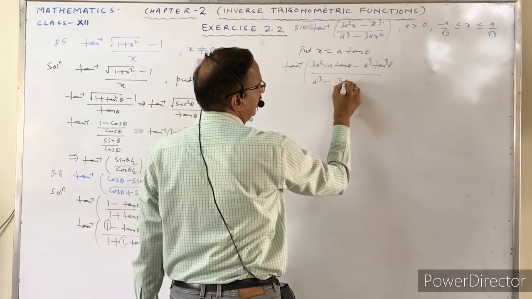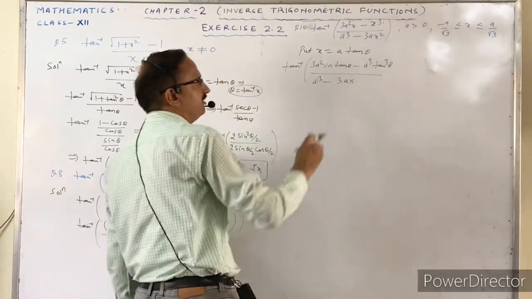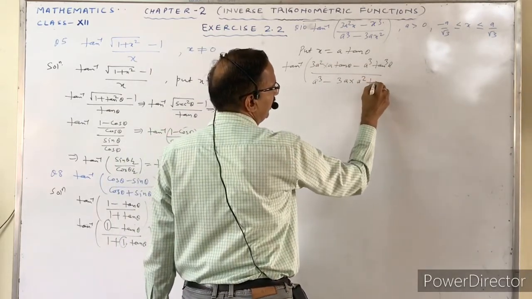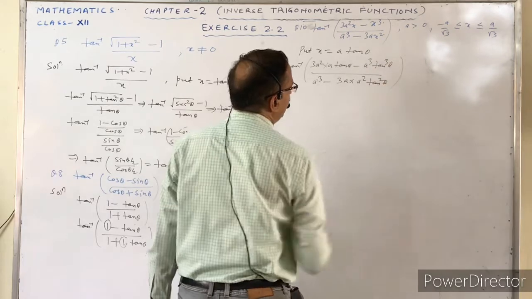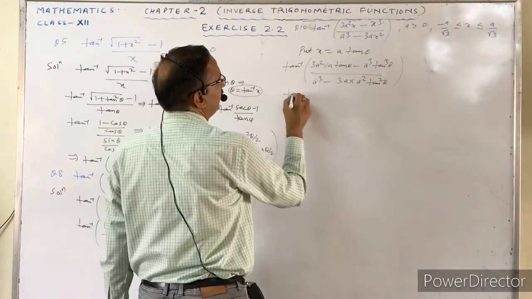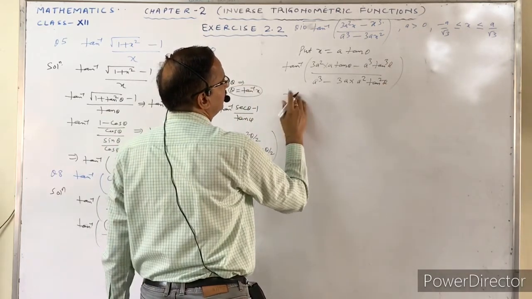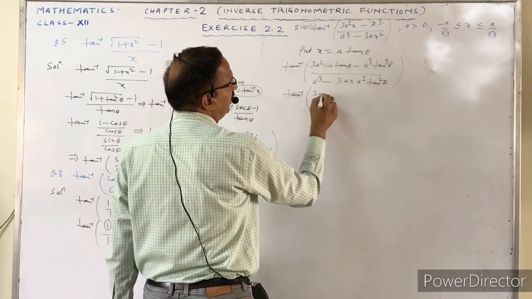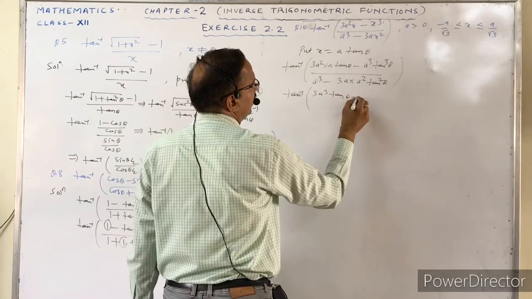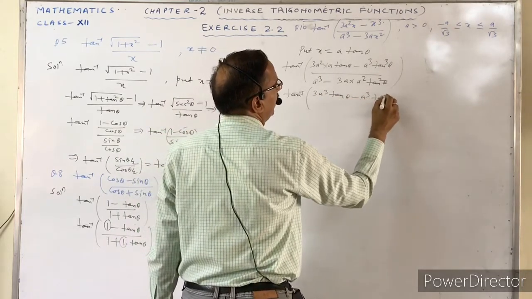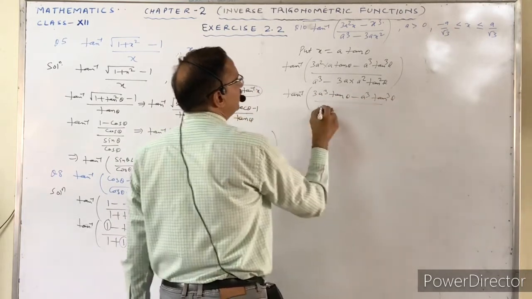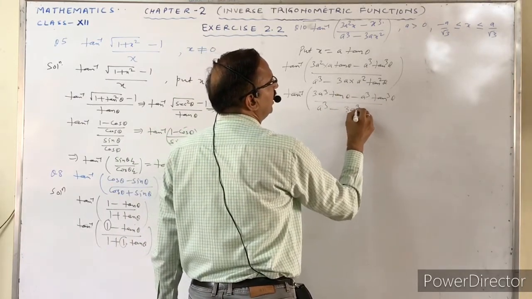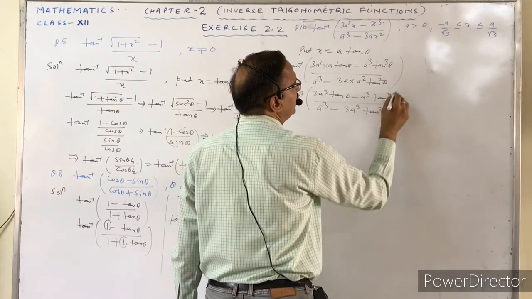Now this is 3a. In place of x square, when we put a tan theta, this becomes a square tan square theta. Now simplify this. We get tan inverse, this is 3a cube tan theta minus a cube tan cube theta, this is a cube, again this is 3a cube and tan square theta.